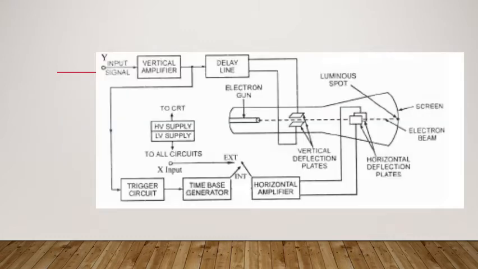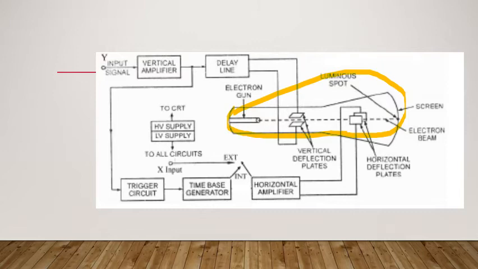The block diagram is shown here with the 7 parts, everything is shown here. This part is your CRT. We have discussed this CRT in detail in the last lecture.